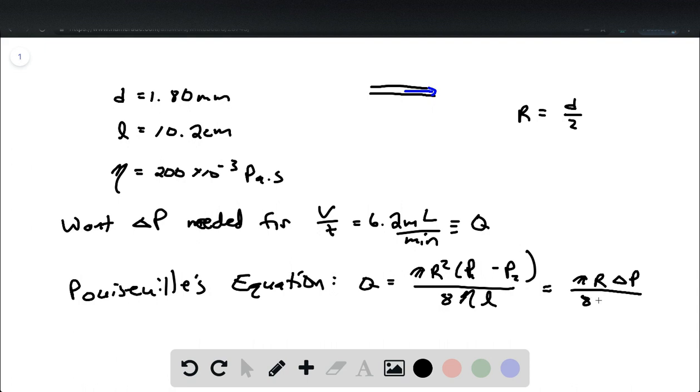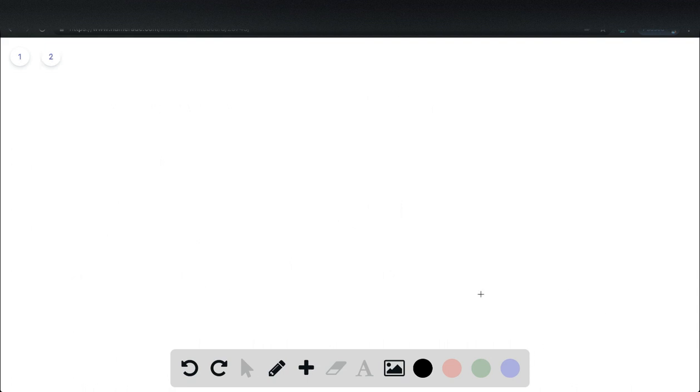So we rewrite this equation for delta P: Q times what was on the denominator, 8 eta times L, and then pi R to the 4th.